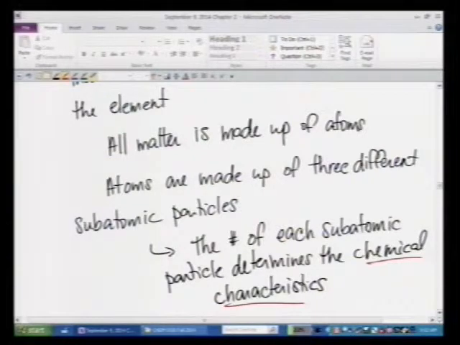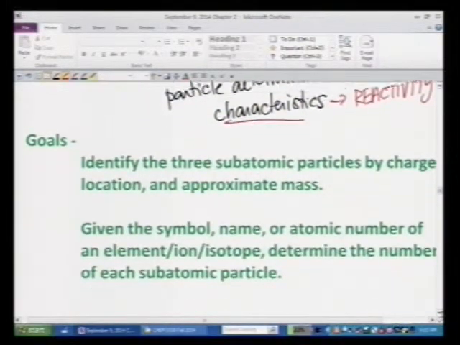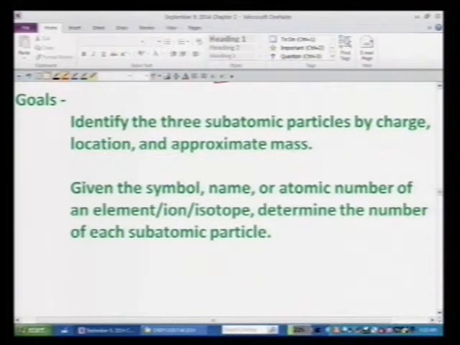So whenever we're talking about chemical characteristics, those are going to describe the reactivity of the substance. Okay, the reactivity of the substance is then related to the number of these 3 subatomic particles. So the goals for this section would be that you need to identify the subatomic particles by charge, by their location, and by their approximate mass.